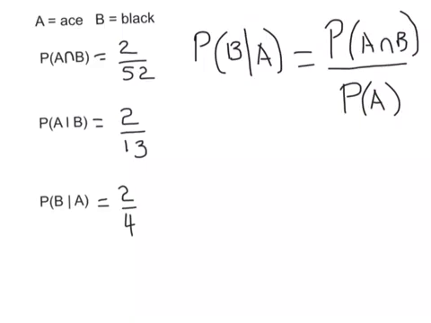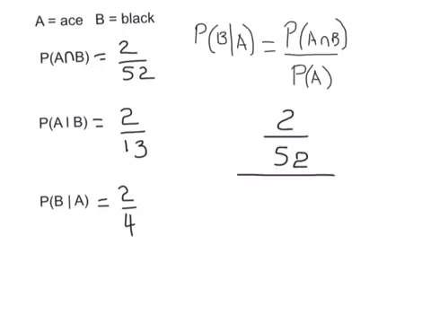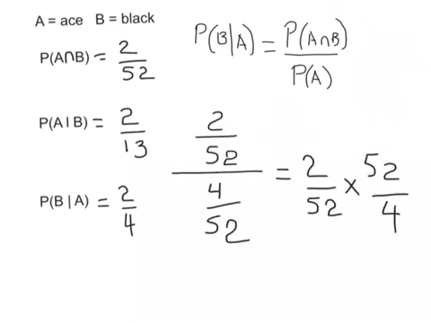Let me write this down. So we start out with this. We look at the probability that it's an ace and it's black, 2 out of 52. Now we're going to divide that by the probability that it's an ace, which is 4 out of 52. Now if you remember how to divide fractions, it's going to look like this. Remember when we divide fractions, we invert and multiply.